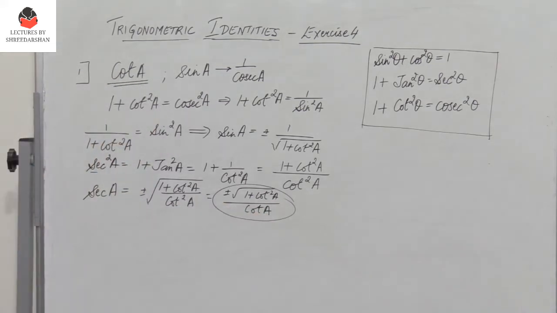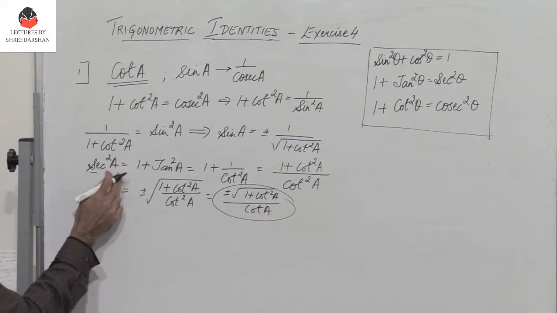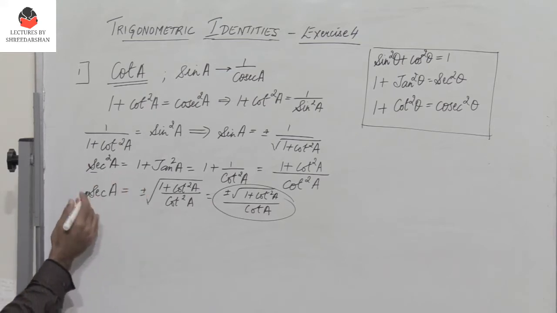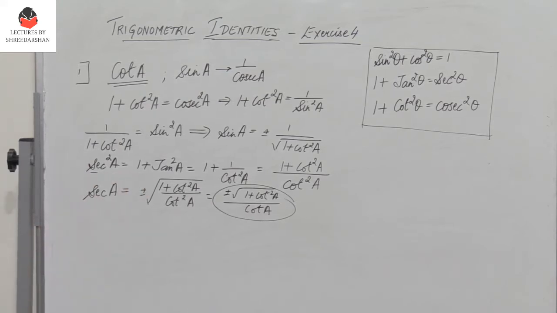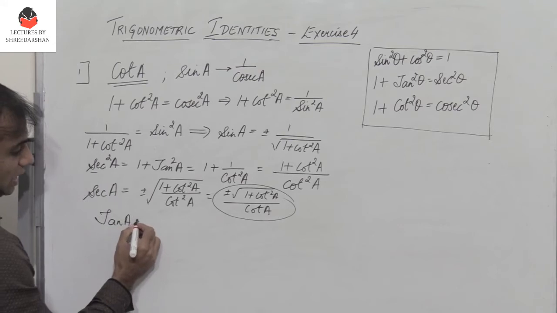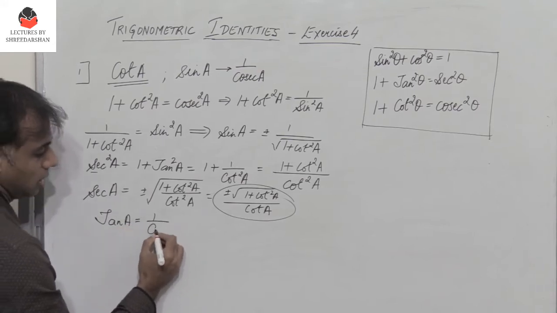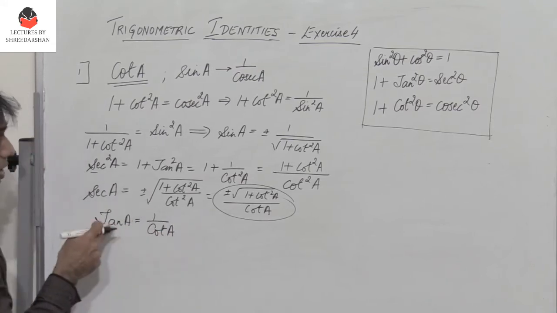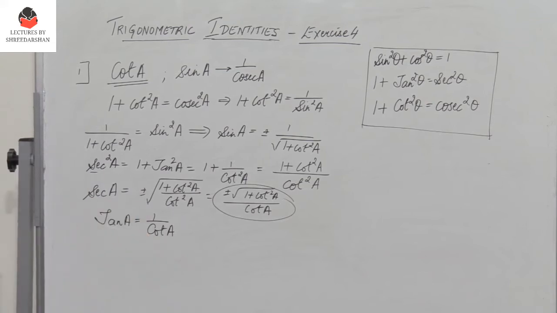Right? So the next one, what I need to do is I need to express tan A. So we have the expression here itself. So I need to express tan A in terms of cot A. So that's very easy. So I have tan A, which is 1 by cot A. So tan A is 1 by cot A itself.